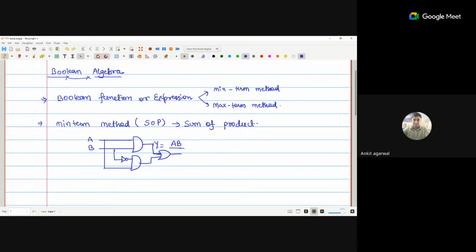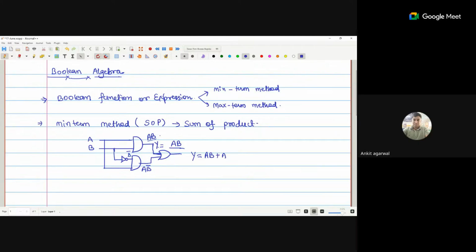Our first expression is AB. The second expression: B is connected with a NOT gate, so we get B bar, and B bar and A go into the AND gate, so it is AB bar. Finally, at the output, we get the OR of these two outputs coming from the AND gates. So AB and AB bar are the inputs for the OR gate.